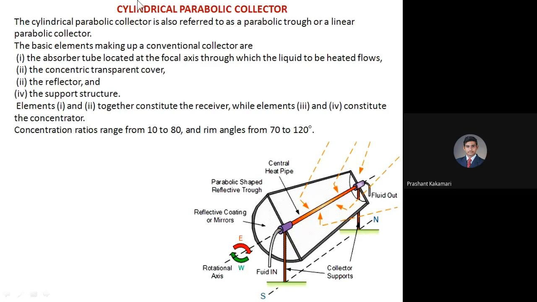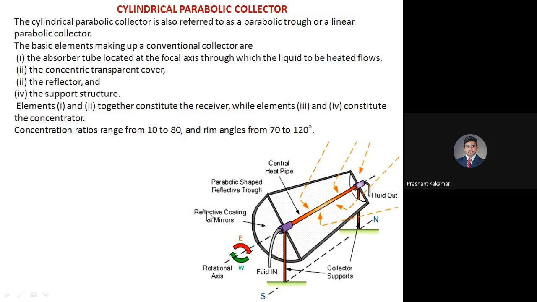So here the concentration ratio maintained is up to 80, 10 to 80 can be maintained. And this angle, the rim angle, is measured. Whatever rim angle is maintained here, it is measured from this line. The line is drawn here, half of the hemisphere, from there to the tip of the collector.